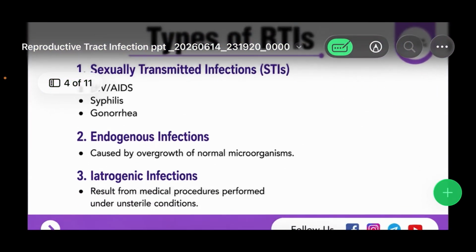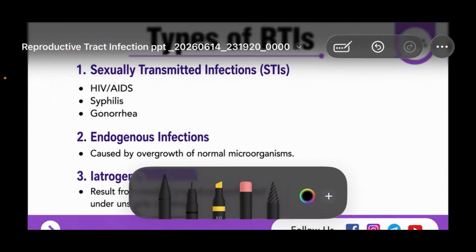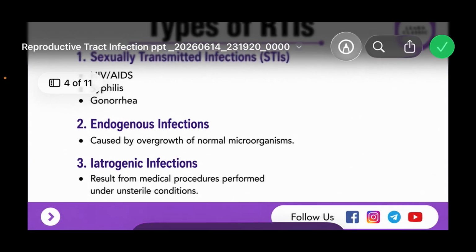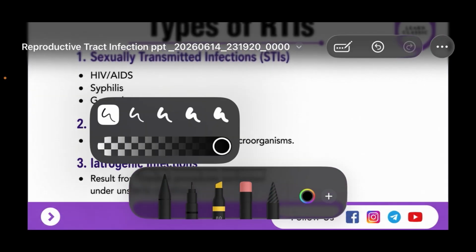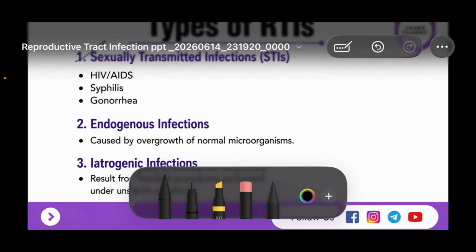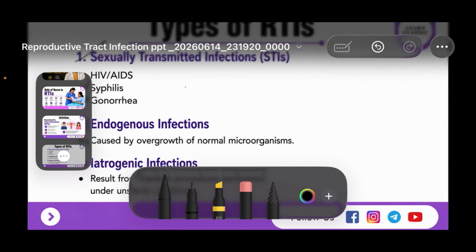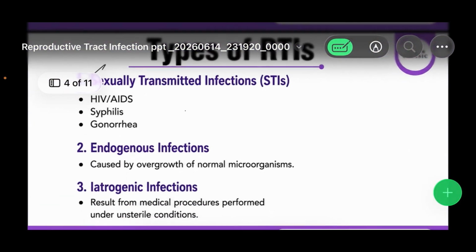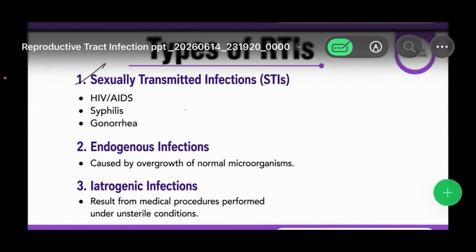Coming to the types of RTIs. First is sexually transmitted infections, that is HIV and AIDS. We know HIV and AIDS are sexually transmitted infections. Next is syphilis.